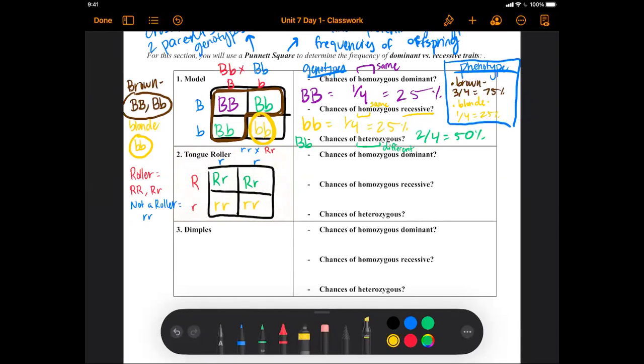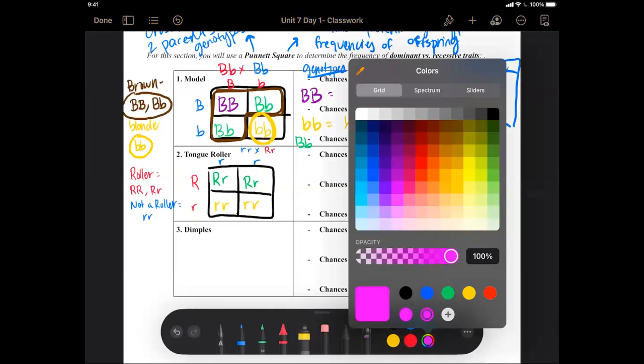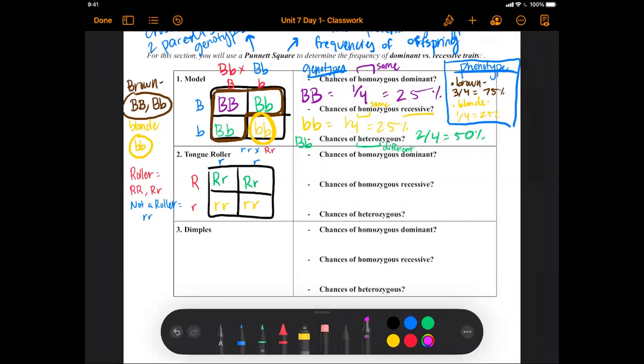So then using that information, let's figure out what are our chances of getting a homozygous dominant offspring for tongue rolling? 2 B's, let's see. I'm sorry, we're on R's now. Let me see, 2 big R's. Let me see, Hayden, what's the chance of that? All right, let me bounce over to Omar.